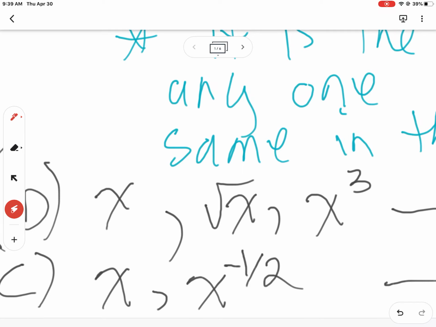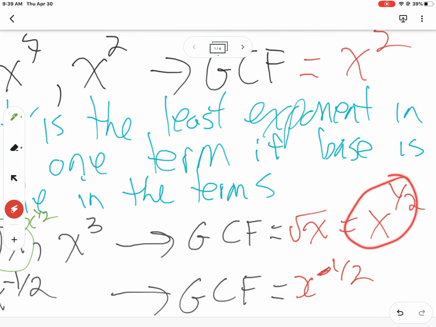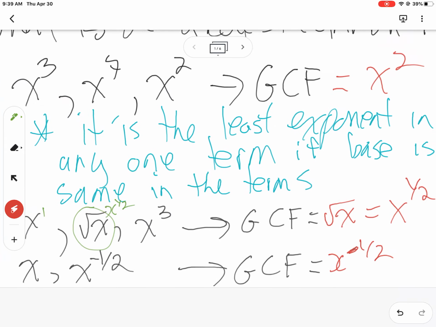We know the exponent here, even though we're not showing it, is 1. We know that this is x to the 1/2. So if you look, what are your exponents? 1, 1/2, and 3. So your greatest common factor is then x to the 1/2, okay, which is root x.